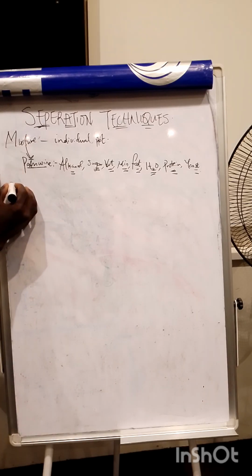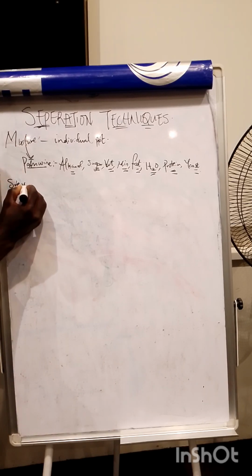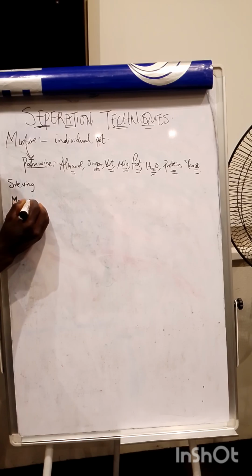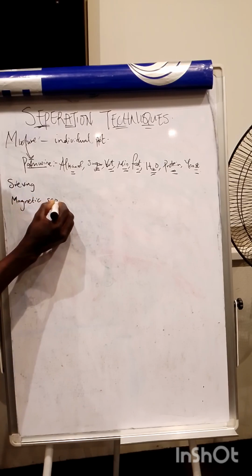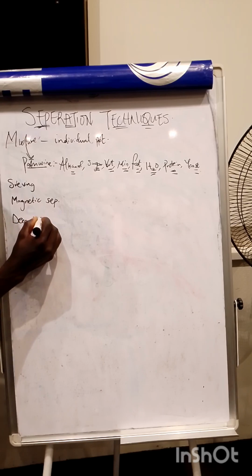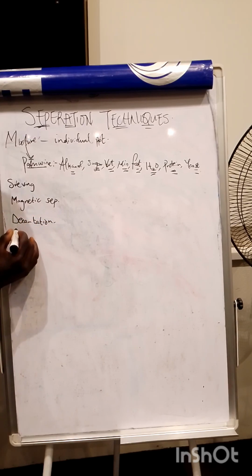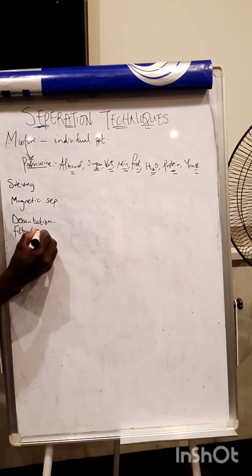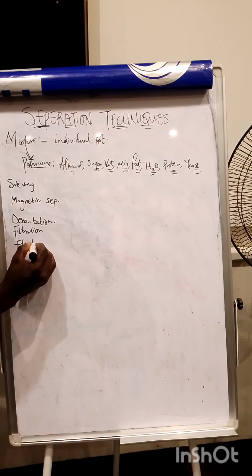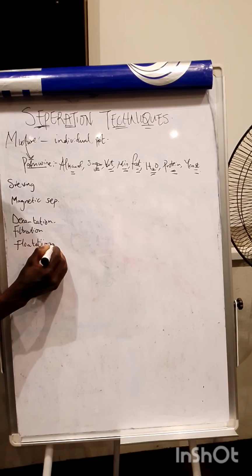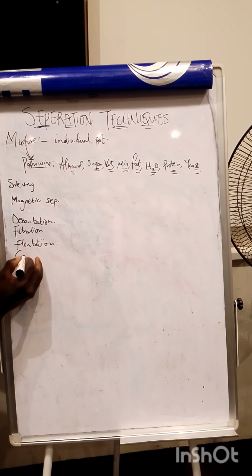We have the one of sieving. Let's talk about the types now. We have sieving, decantation, magnetic separation, filtration, flotation, and centrifugation.